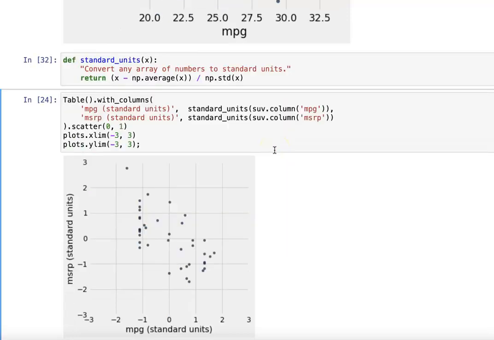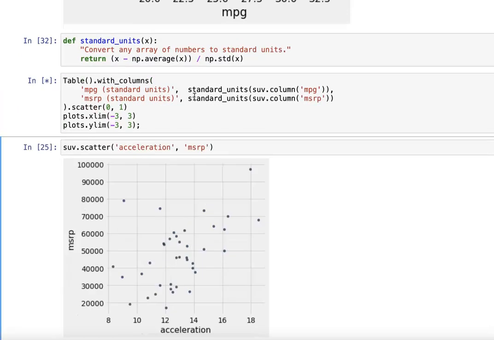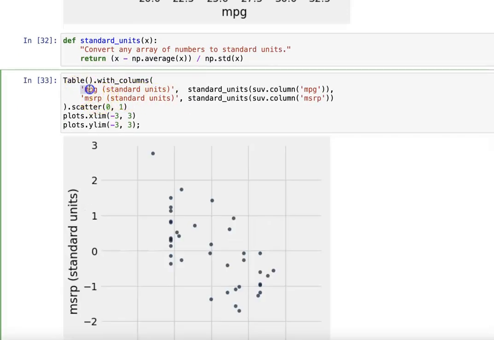Since we have this function defined, now we look at the SUV, the MSRP, and the gas mileage. Let's convert that table to the standard unit diagram. The first thing we calculate is to convert all the gas mileage for the SUV to the standard unit.